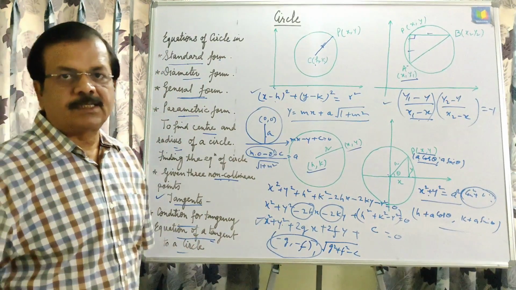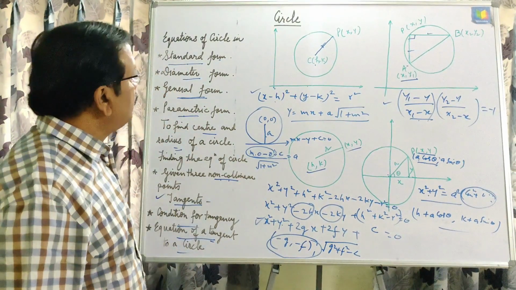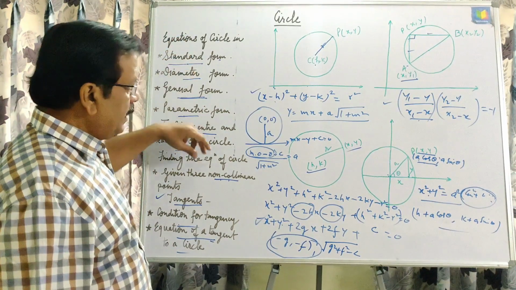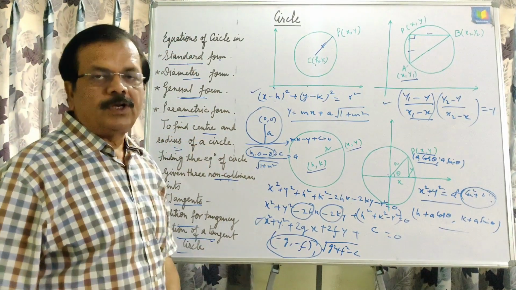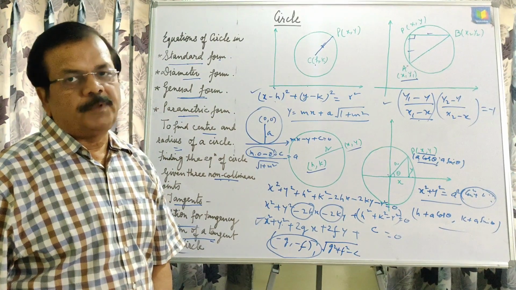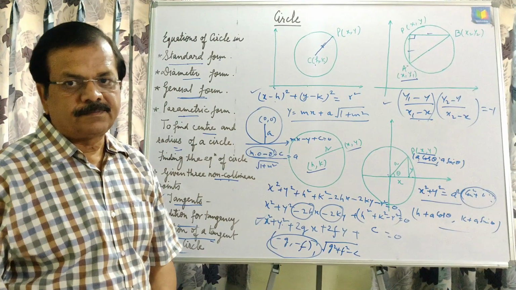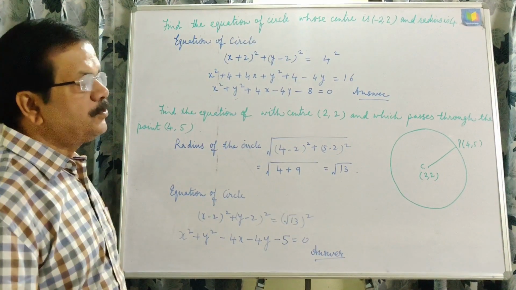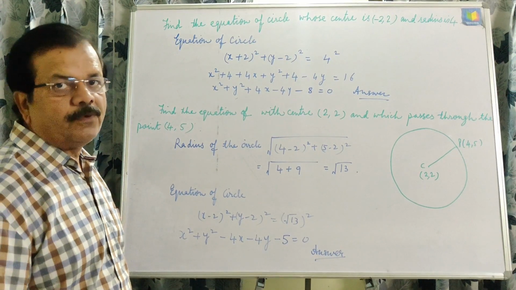And then we will do the questions. This way we have completed all the topics in detail, and now we are going to do the questions related to all the topics. Now questions. Find the equation of circle whose center is (-2, 2) and radius 4.